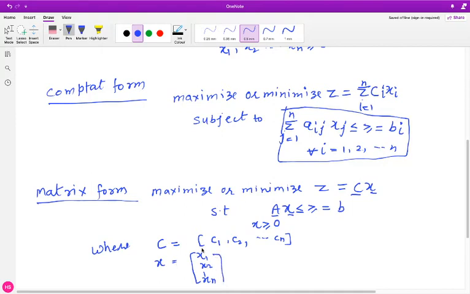If you multiply c and x, then you will get summation ci xi. The dimension of c is 1 by n, and the dimension of x is n by 1. So if you multiply c and x, you will get a matrix of dimension 1 by 1, which means you are going to get a scalar value.